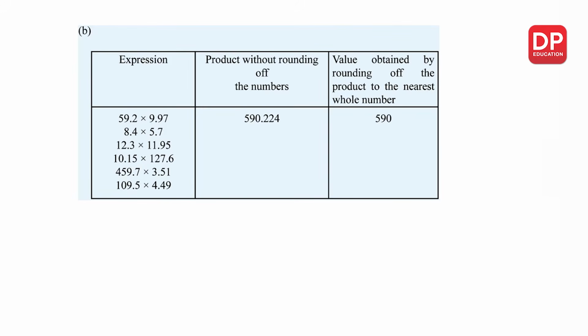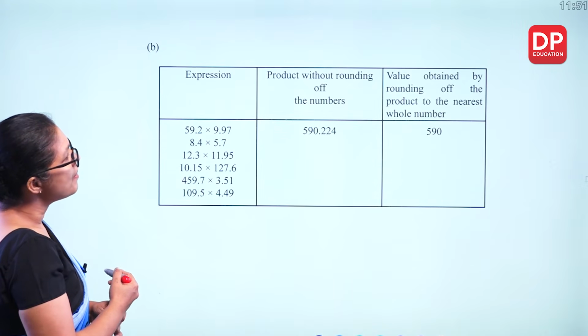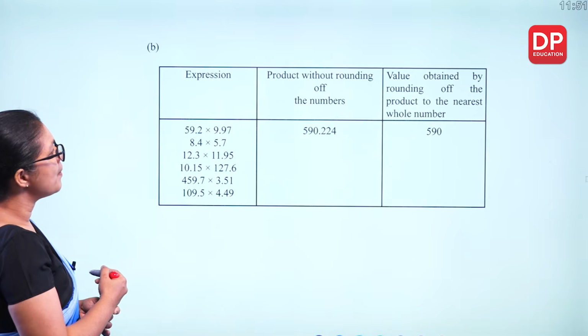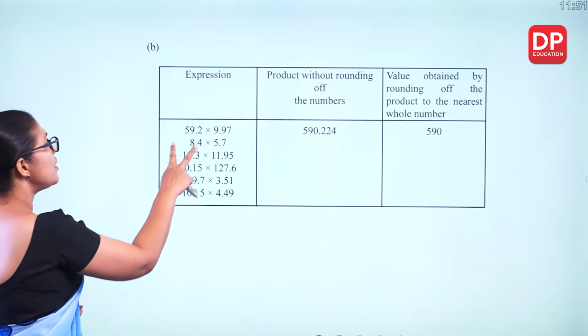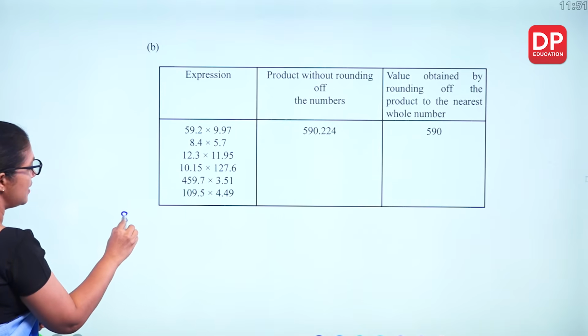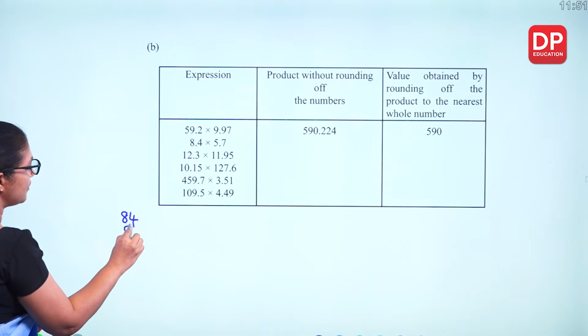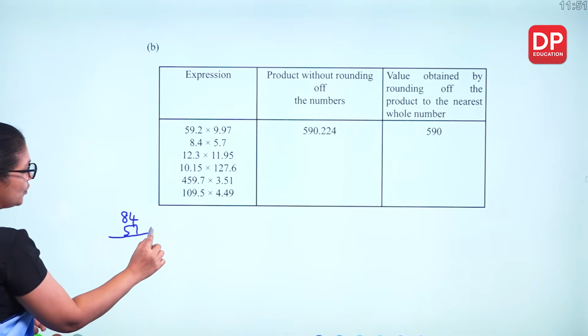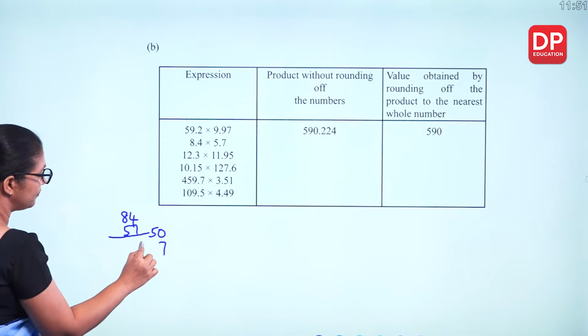This one, product without rounding off the numbers. So you need to multiply and then take the value obtained by rounding off the product to the nearest whole number. So we need to multiply separately. 84, 57. So 50 and 7.